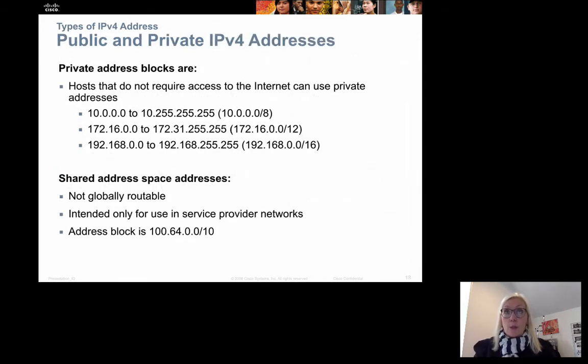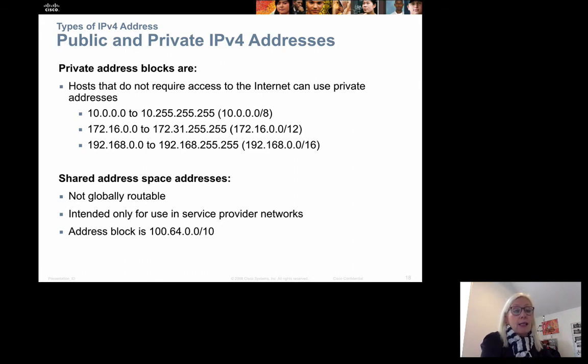We also have private IP addresses. These are IP addresses that are never routed out to the internet and are for private use only. Normally, we use these addresses because we have one scope of IP addresses on the internal network and another one on the external part of the network, typically the ones connected to the internet.